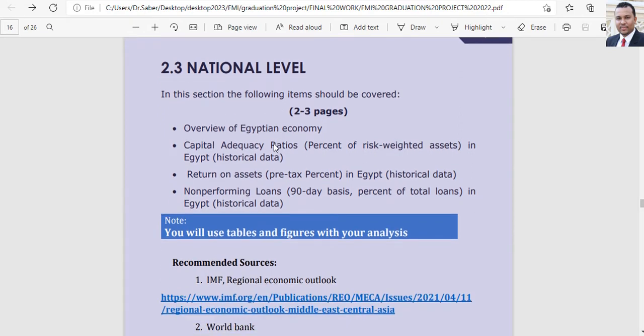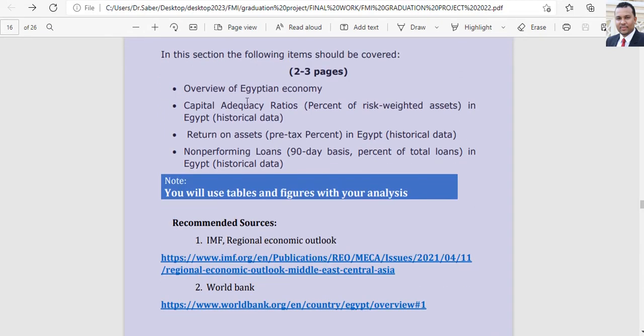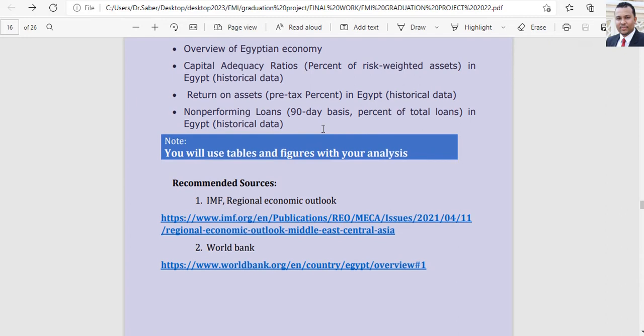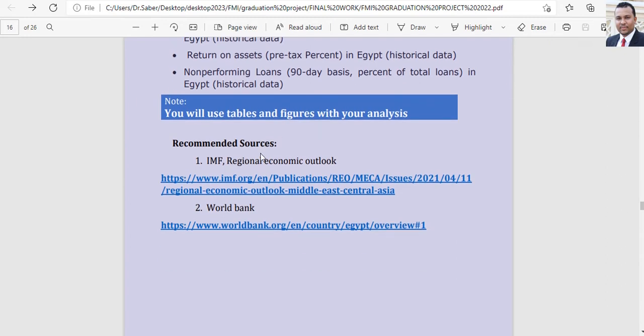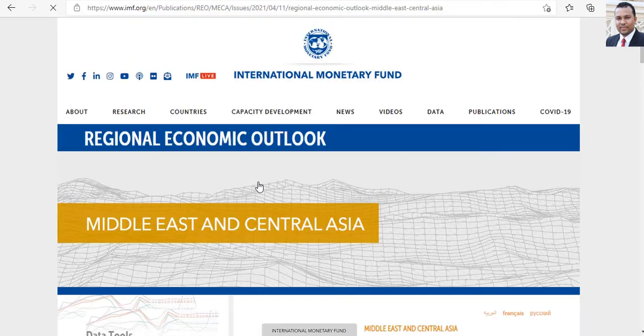as a round. We need an overview of the Egyptian economy, recent overview, and the capital ratios and return on assets and non-performing loans. So we mentioned the banking sector and financial sector. What about our sources? The same, another report, Middle East and Central Asia.